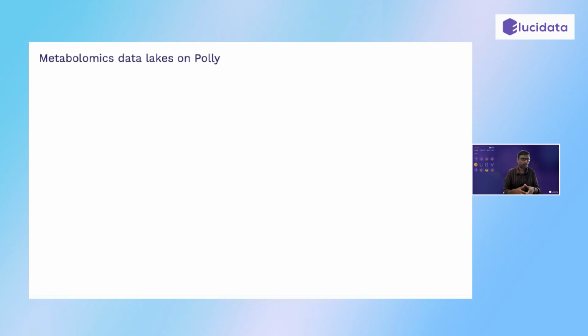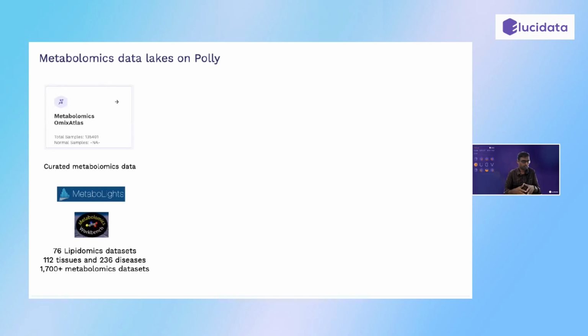And not only that, we also wanted to take advantage of some of the publicly available metabolomics data that is well curated in databases such as Metabolites or Metabolomics Workbench.